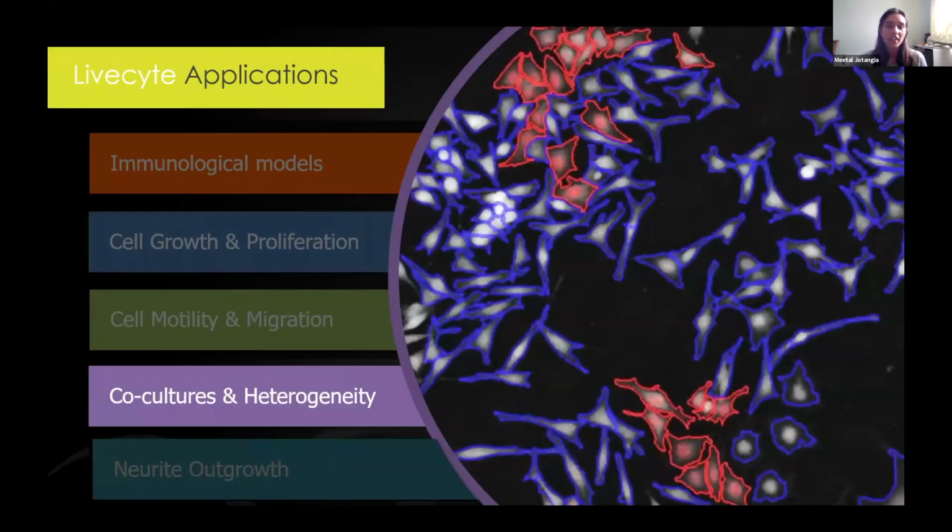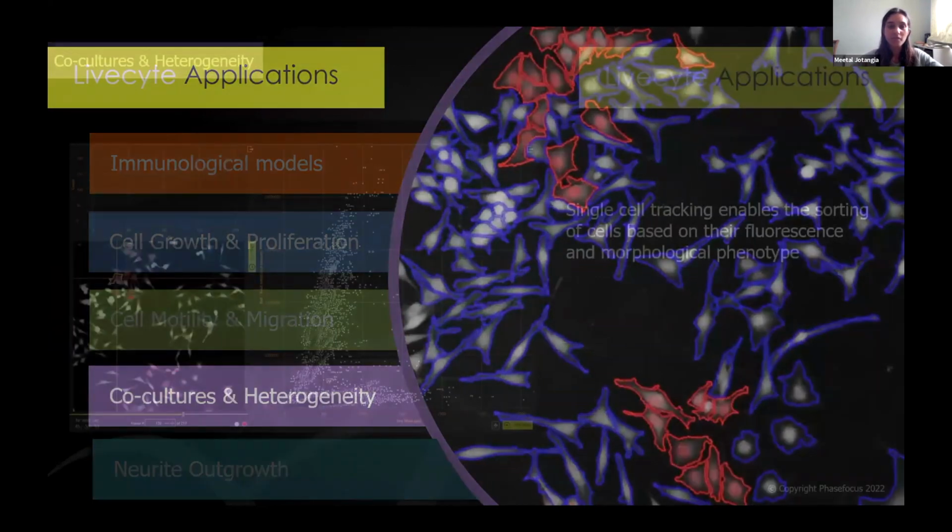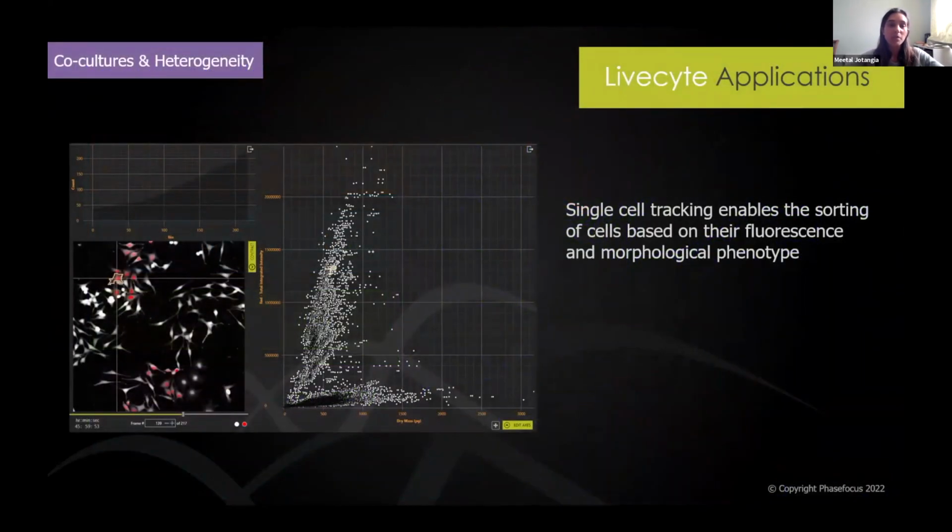Another part of the LiveCyte software is that we can isolate and look at specific subpopulations in a bit more detail. So this becomes really useful when we're looking at co-cultures and heterogeneity. And we're able to do that through our single cell tracking. So that enables us to sort the cells based on potentially fluorescence or even morphological phenotypes.